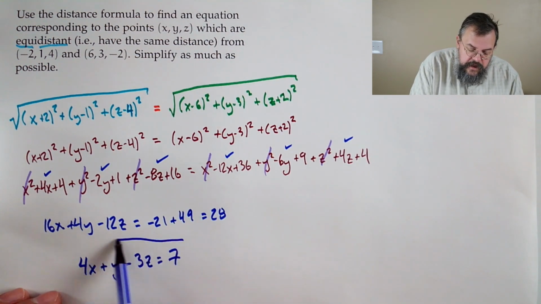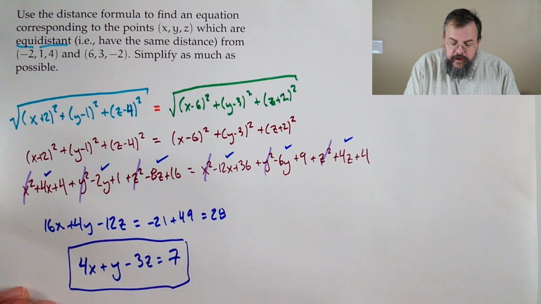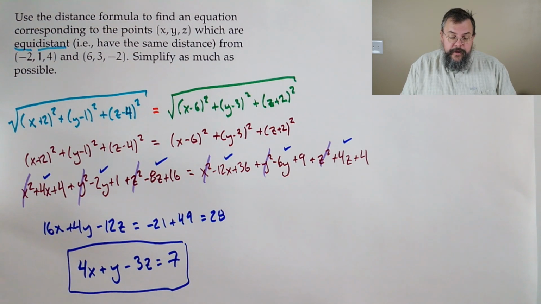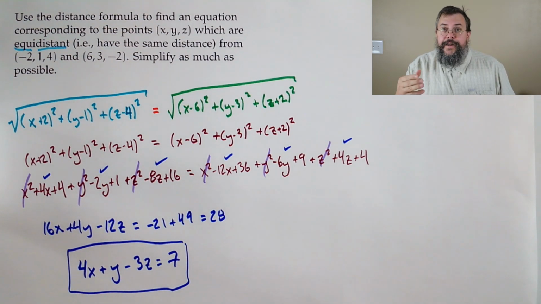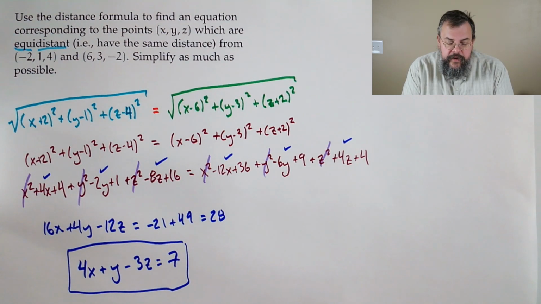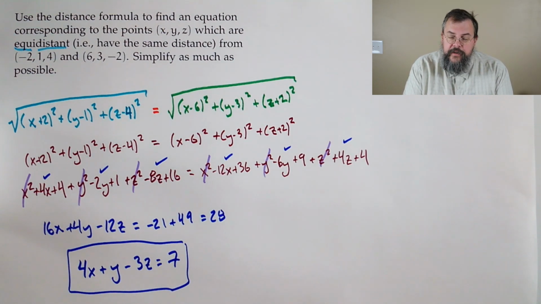Wow, that looks really simple. In fact, a lot simpler than what we started with. It's almost as if there's something going on here. Well, that's because there's something going on here. Now, you might start to wonder, hey, is there a faster way to do this or a different way to do this?